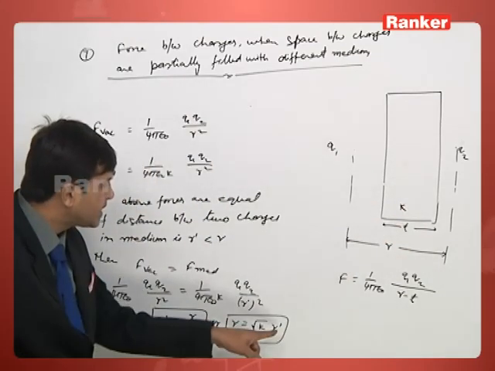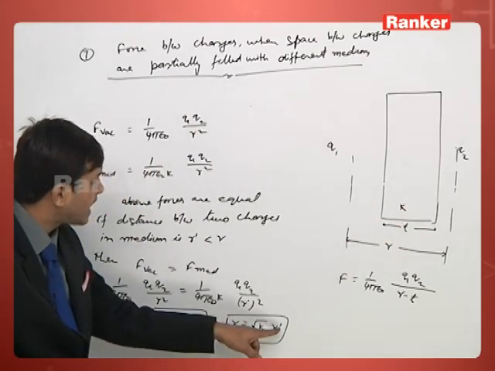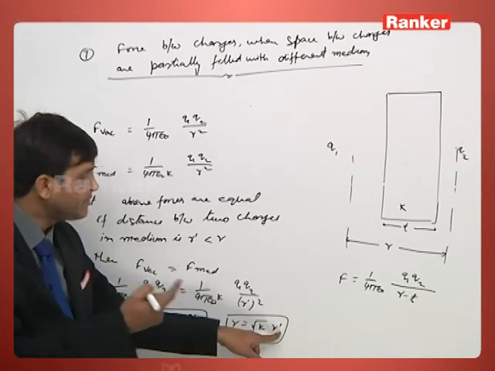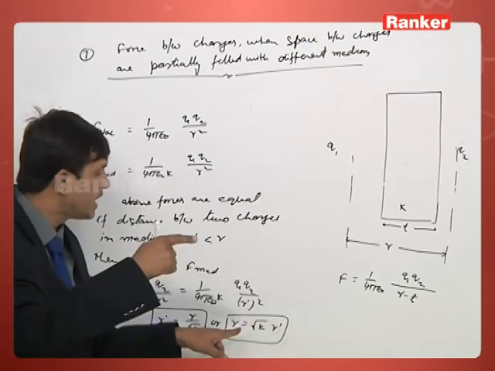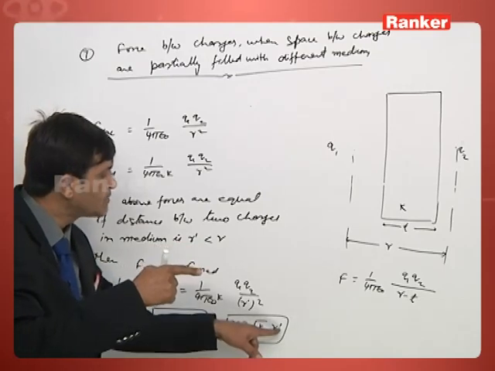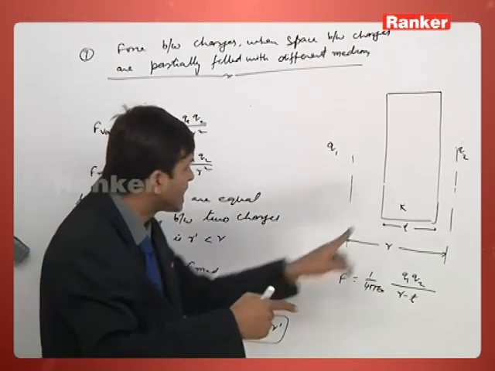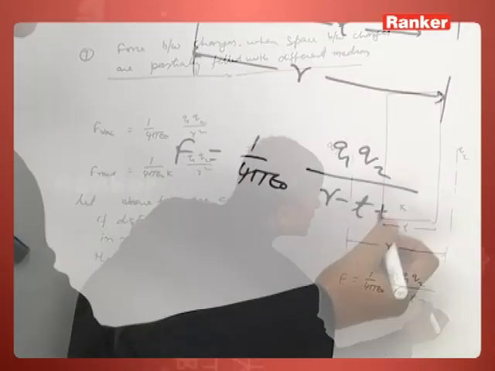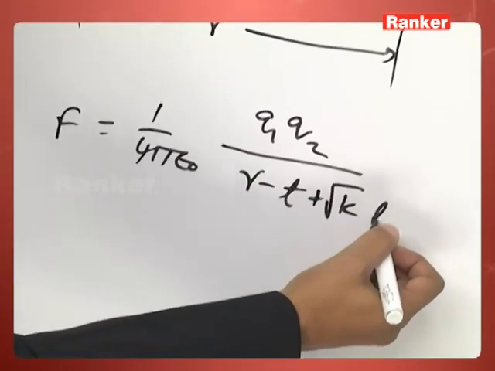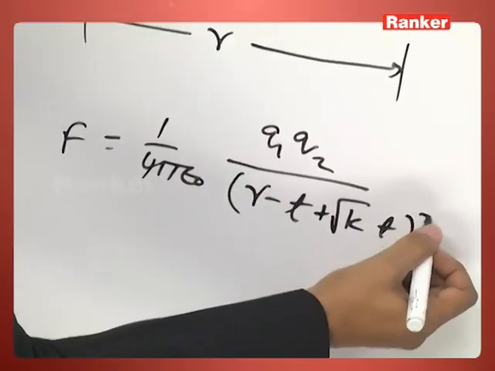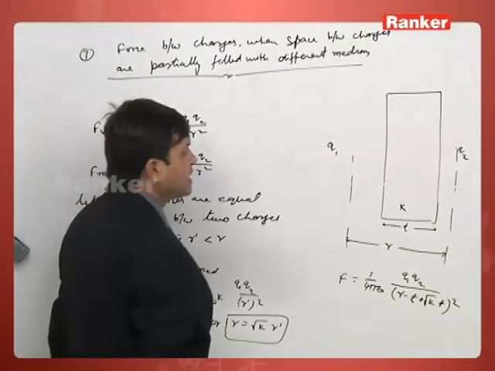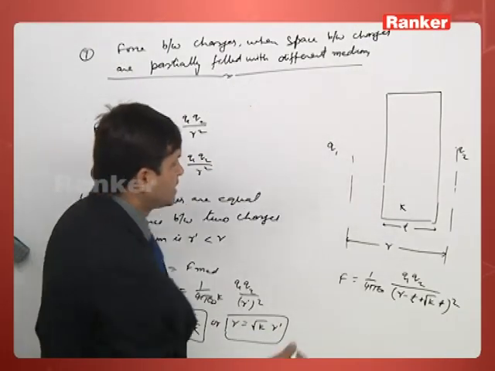T in a medium means just like here R dash in a medium. So if we want to convert into vacuum, root K times R dash means root K times T. So plus root K times T. So this is called the effective distance between the two charges.